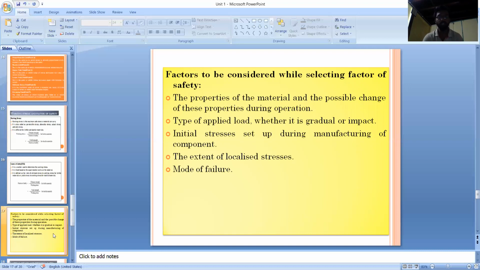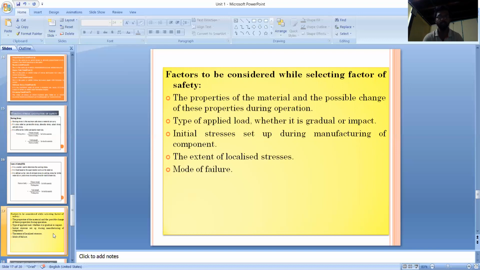Okay. The next one is the type of applied load. That means whether the load is a gradual load or an impact load, or is it a tensile load, or a shear load, or a compressive load. We have to consider this type of load as well. Next factor is the initial stresses set up during manufacturing of the component.